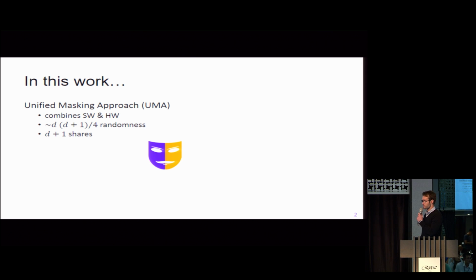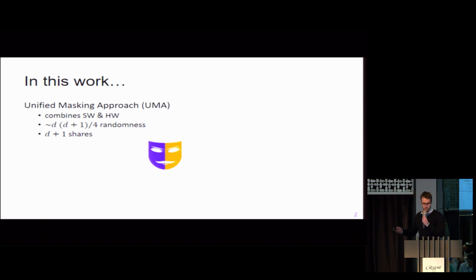It uses only D+1 shares, which makes hardware implementations very efficient. And it's completely generic in terms of protection order, which means that once we created a design, we can simply synthesize it for any protection order. And since we also target hardware designs, it's of course also glitch resistant.